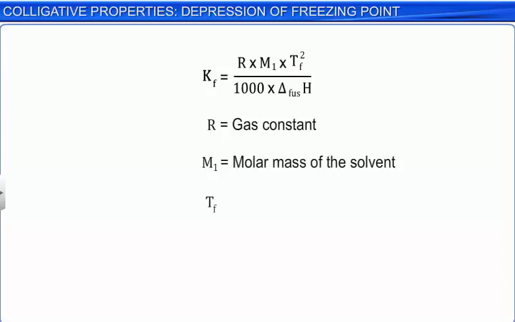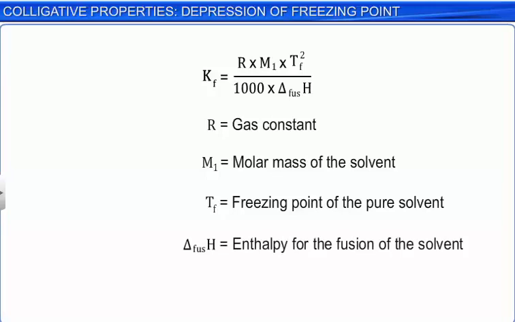Tf denotes the freezing point of the pure solvent. Remember that all these quantities are in Kelvin. Similarly, delta H fusion represents the enthalpy for the fusion of the solvent.